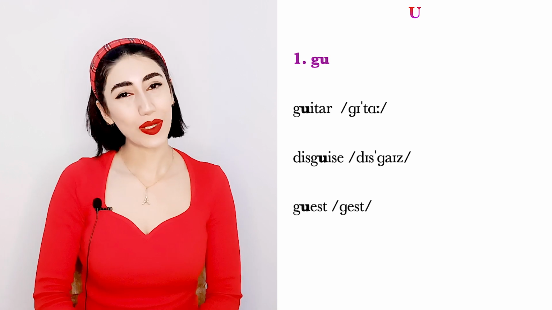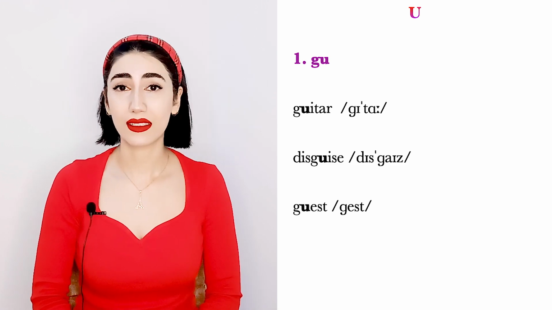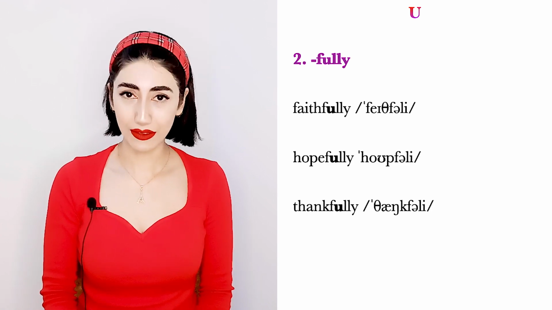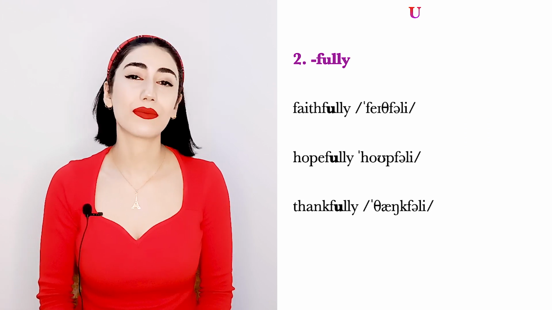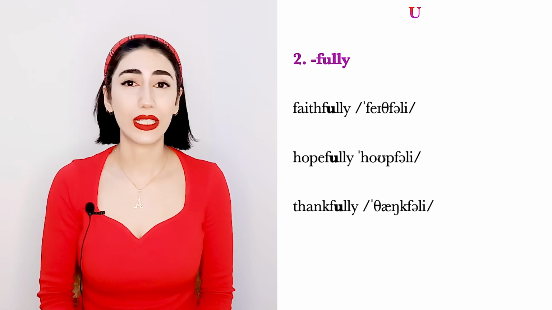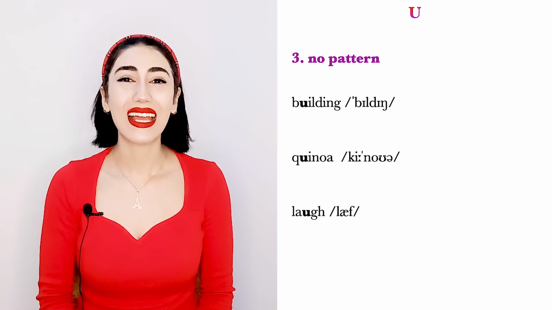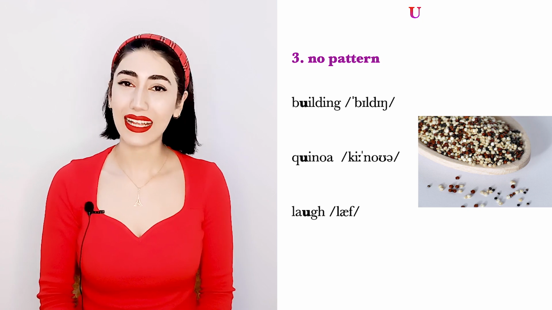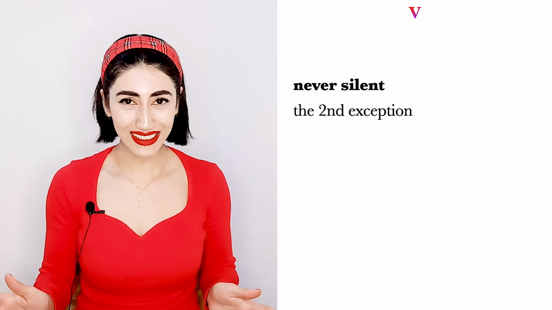U, 3 situations. When there is GU, like in guitar, disguise, and guest. 2, when an adverb ends with FULLY. Examples, faithfully, hopefully, thankfully. 3, no pattern, like in building, quinoa, and laugh. V, never silent.